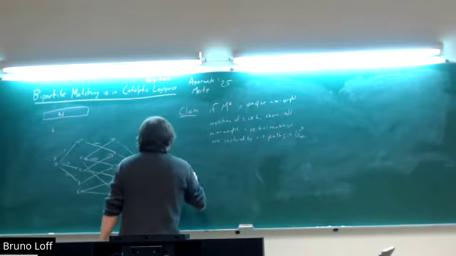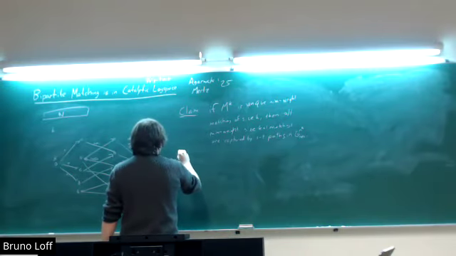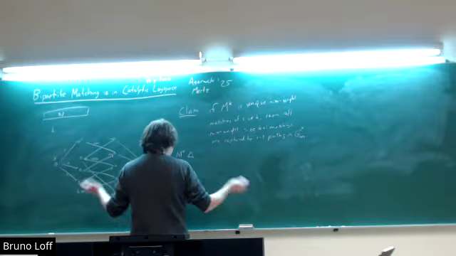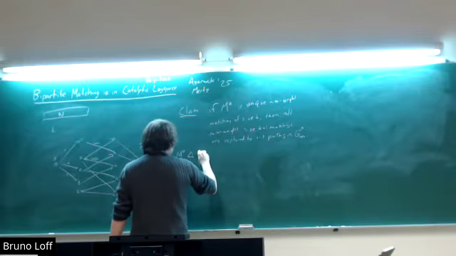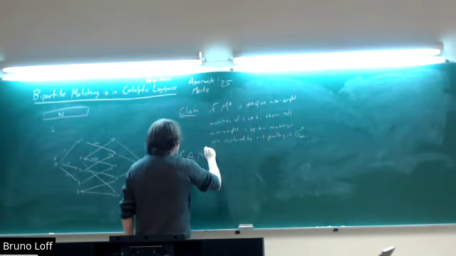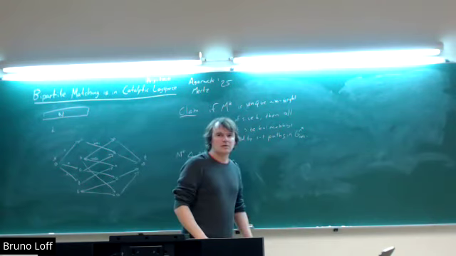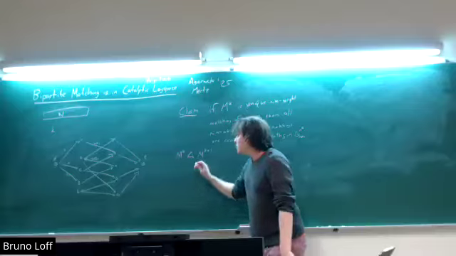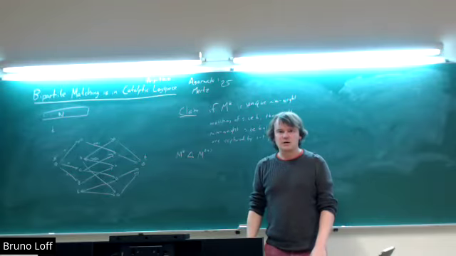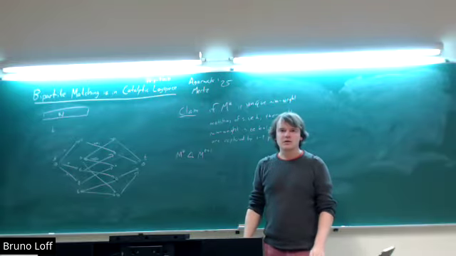So let's consider MK, symmetric difference with some new matching N of size k plus 1. Okay, so ignore all edges that aren't in either of them. Keep all edges that are in one but not the other. Throw out all edges that they don't have.